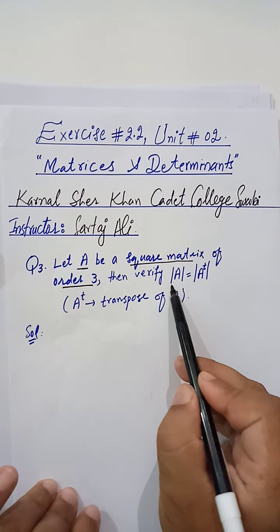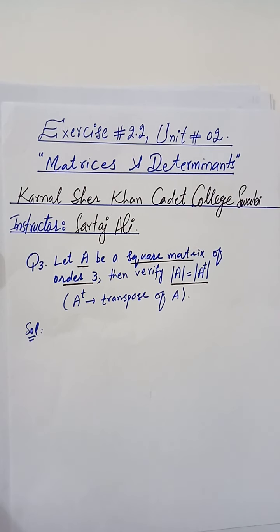We need to show this. But in this question in the general form, you didn't see that the given matrix is a particular 3 by 3 matrix. So therefore we will consider a square matrix in general form of order 3 by 3.